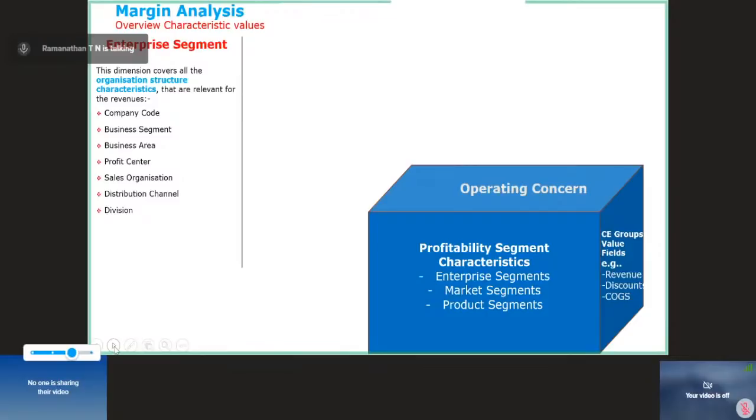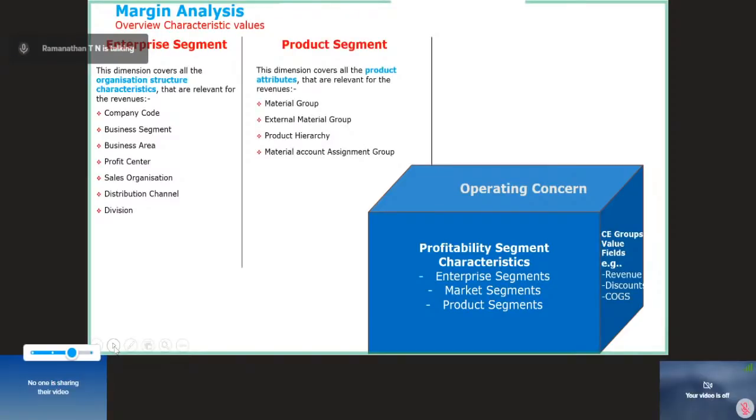Margin analysis, erstwhile we used to call it as controlling profitability analysis, right? So this is with the same element of single source of truth of the complete financial information, like an income statement. You are trying to drill down that element into three major aspects. One, the enterprise segment elements like a legal entity, operating segments, responsibility centers or profit centers, or the channels of reaching the goods to the customers and all that, right?